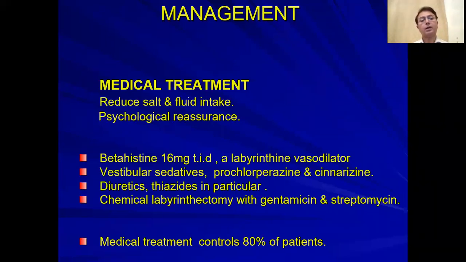Next lecture will be on acoustic neuroma, vestibular neuroma, and we'll also talk about noise-induced hearing loss, another common situation in our part of the world, mostly asked in exams. Just to rule out such conditions, we talk about CT scan or MRI.